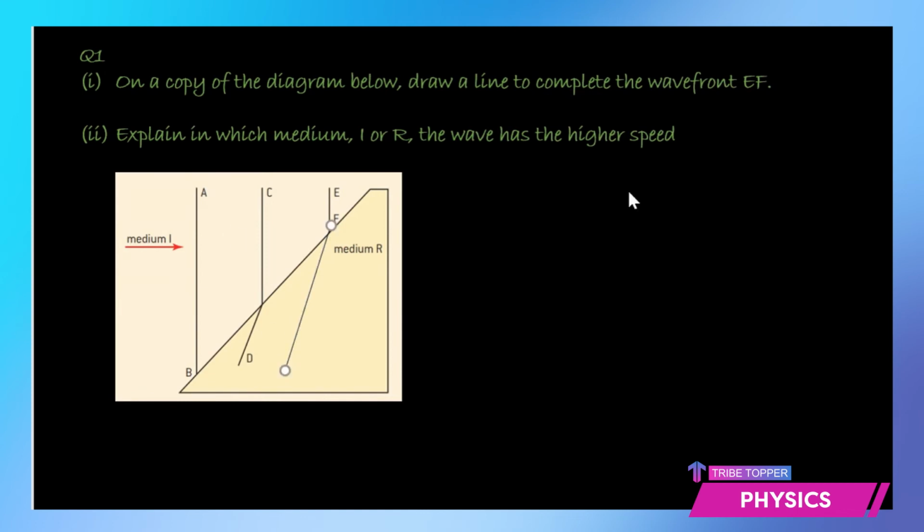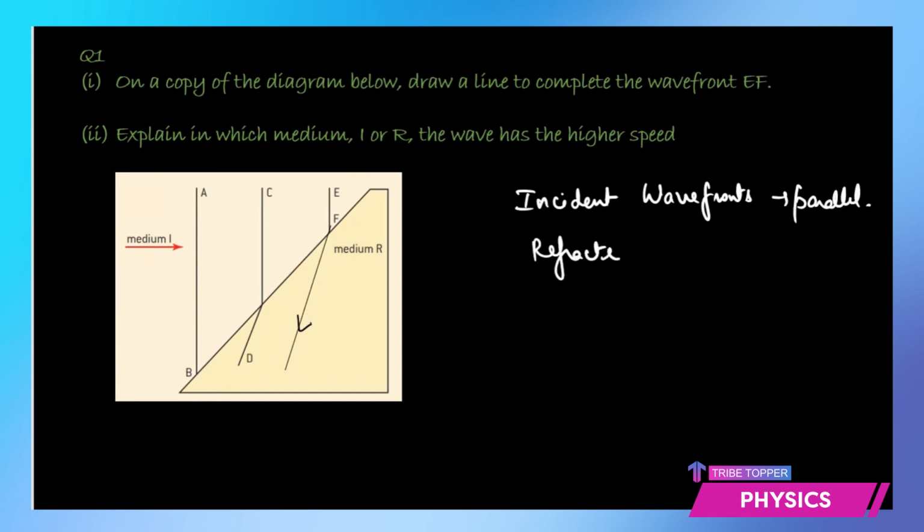I'll make it black. So this is your wavefront. Just take care: if the incident wavefronts are parallel, then your refracted wavefronts are also parallel. And the good thing is they've already drawn one wavefront. For the other one, you just have to draw a line parallel to it.